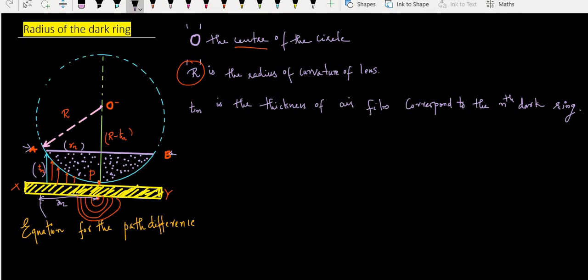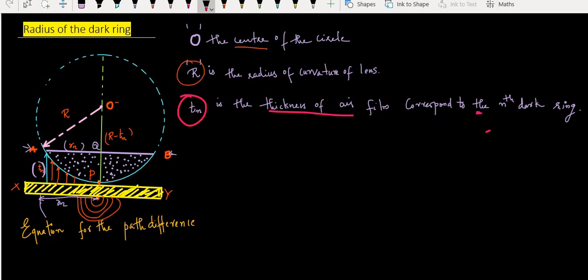This is my center spot, PQ, and this is Q. So AQ is the radius of the nth dark ring, and corresponding to that I have the thickness Tn. Tn is the thickness of the air film corresponding to the nth dark ring.